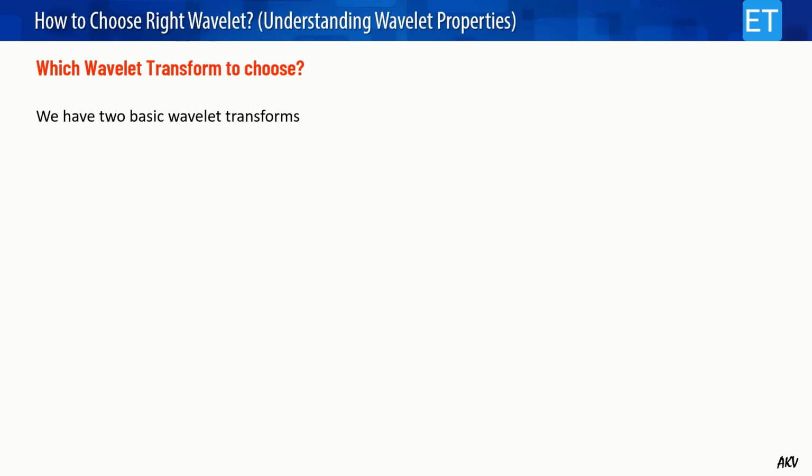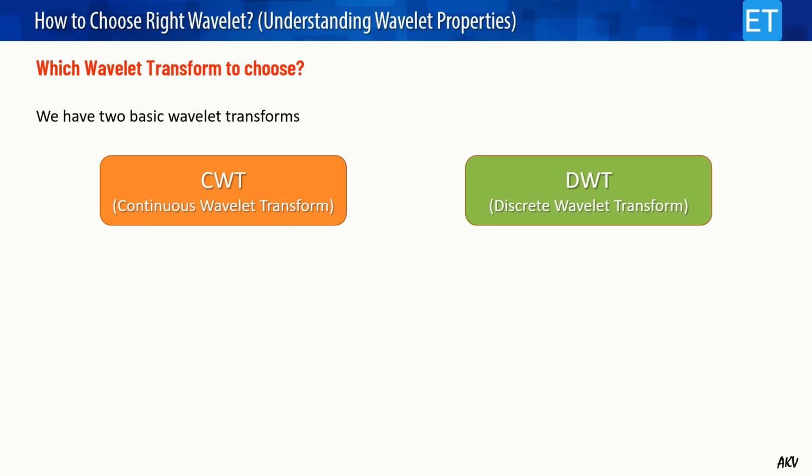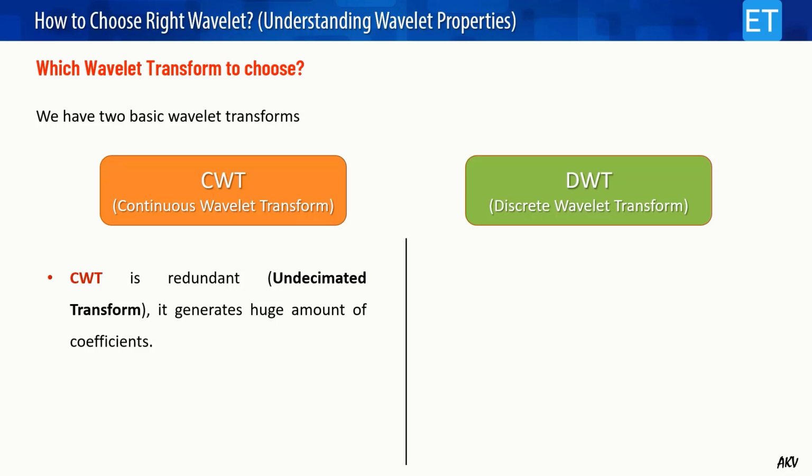Okay, so first we'll go through the basic properties of the transforms, and then we do a comparative analysis, and on the basis of that we will derive our conclusion. We have two basic wavelet transforms. One is the CWT, the other is the DWT, I mean the continuous and the discrete form of the transform. The CWT is redundant in nature, that's why it is known as the undecimated transform.